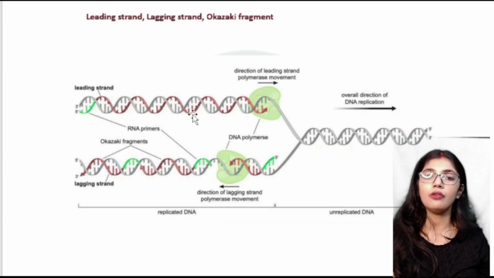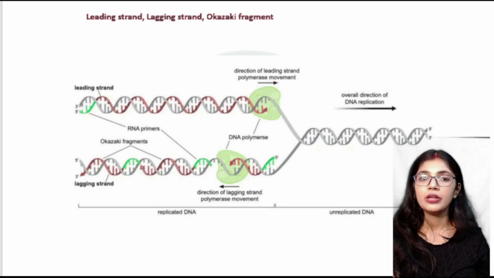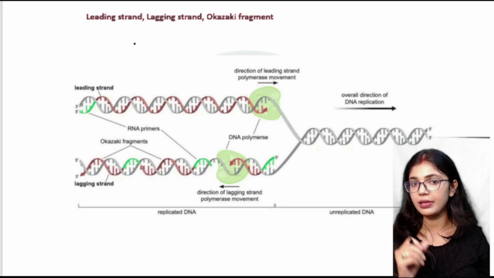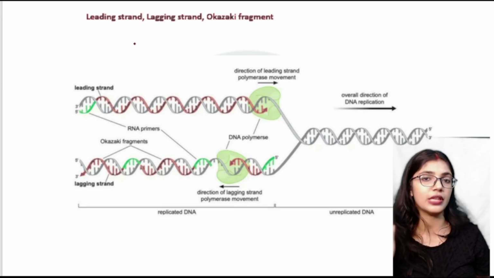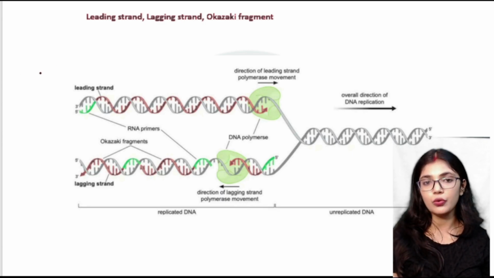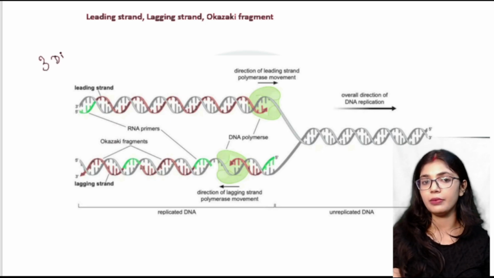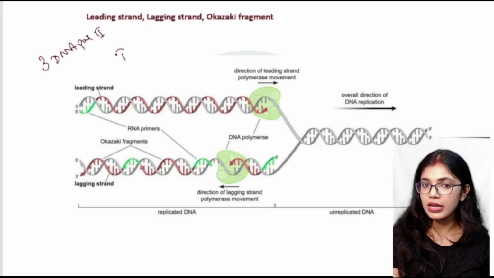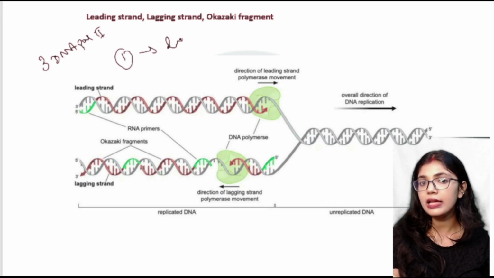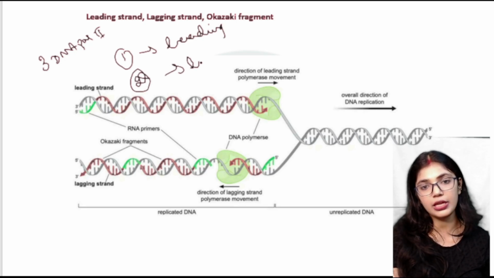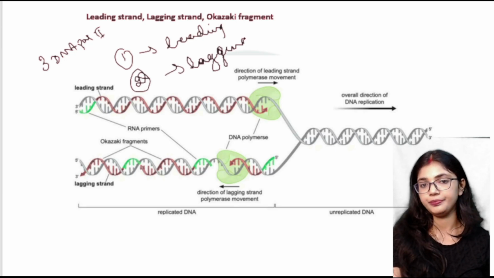So let us now see how this polymerase is working. During the process of DNA replication, already we have discussed in the basics of DNA replication that there is a leading strand as well as a lagging strand. There are three DNA polymerases working. One DNA polymerase is working on the leading strand, and two DNA polymerases are working on the lagging strand.